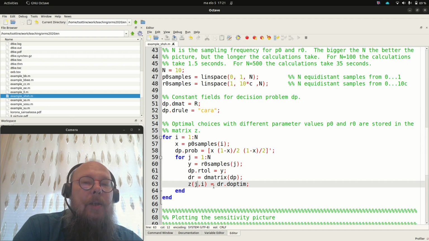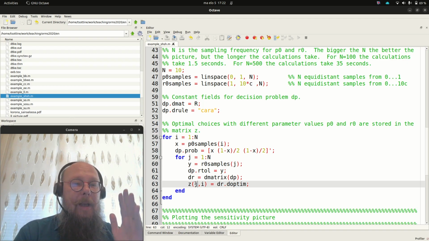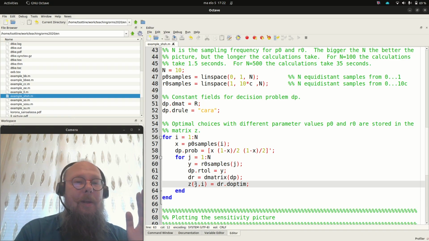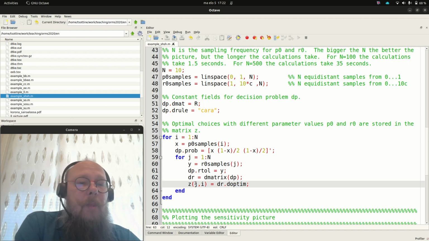And note that the i and j are now the wrong way around, because in matrices you have rows and columns, and in a picture you have x and y axis, and they go the other way. The direction is rotated 90 degrees basically. So this is just an artifact that you have to have j, i here. This will be the dr, the decision result, and the d-opt.